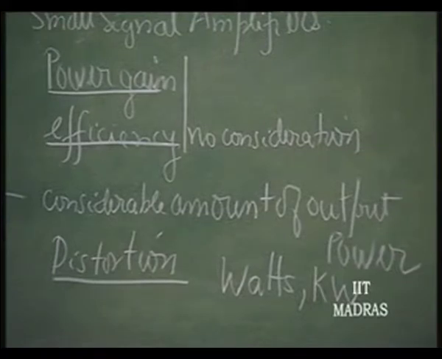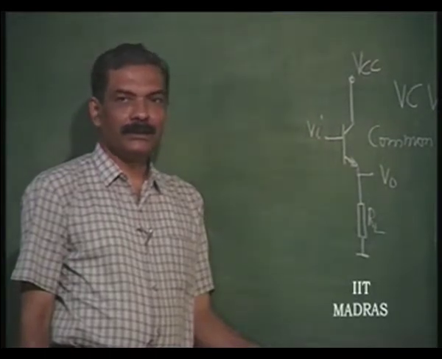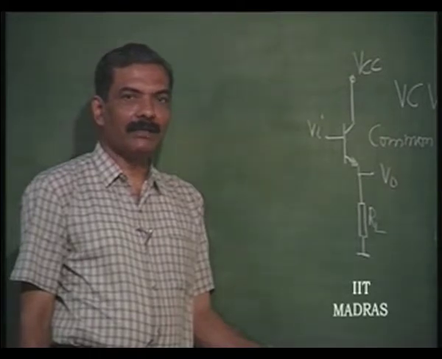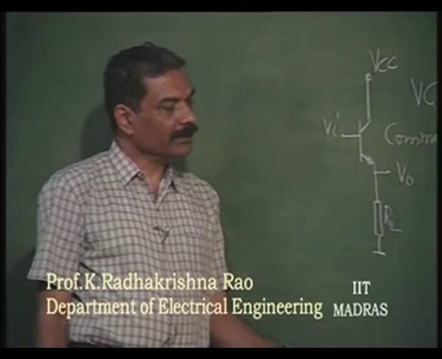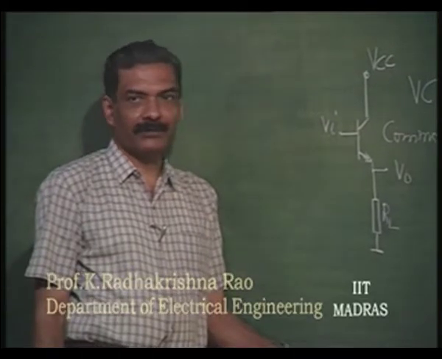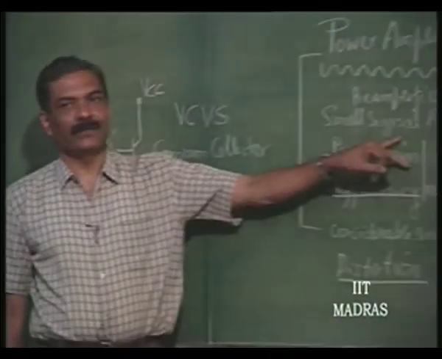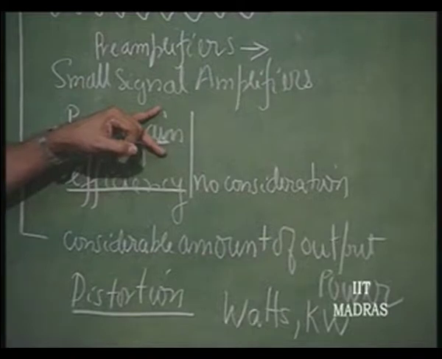If it is a voltage amplifier, the load is going to be pretty small. So, distortion is significant, particularly because the signal levels are high, whether voltage or current, and we cannot consider the amplifier as a small signal amplifier at all. We cannot do the analysis that we have done in the previous stages, replacing the device by a small signal equivalent.